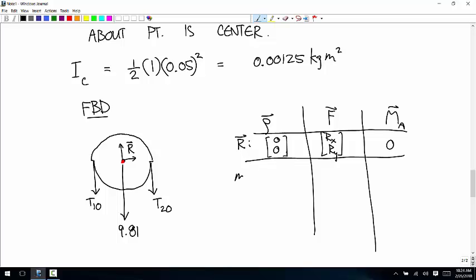Then there's the weight force. Rho vector is 0. The force vector is 0, negative 9.81. Cross product is 0. So far, nothing's produced a moment. And then we have the two tensions. So first, the tension touching the 10 kilogram mass.